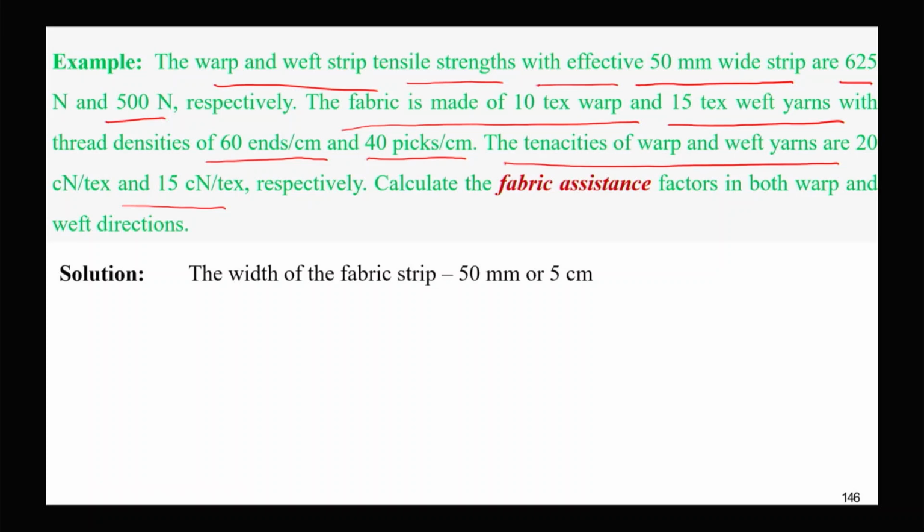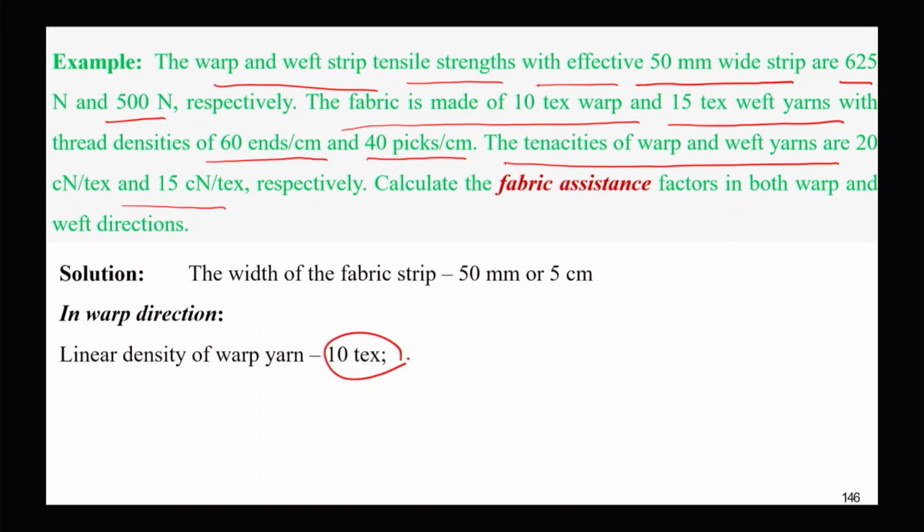So the width of the strip is 50 millimeter, or 5 centimeter. In warp direction, the linear density of warp is 10 tex, and the tenacity of individual warp yarn is 20 centinewton per tex.